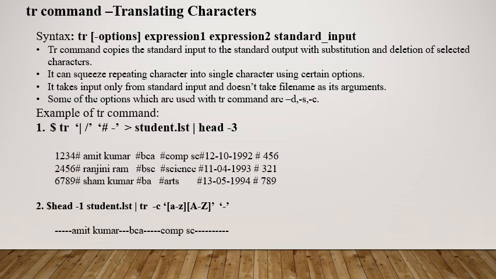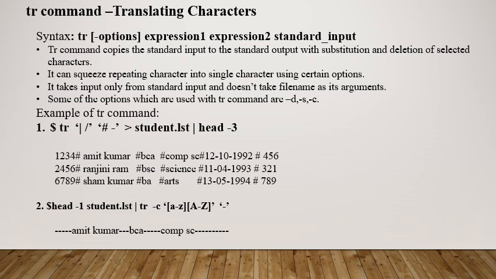Now one more example I've taken: head, used with the student.list file, and you can see the option I have used, hyphen c. What does hyphen c do? The option -c will complement the set of characters in the expression.